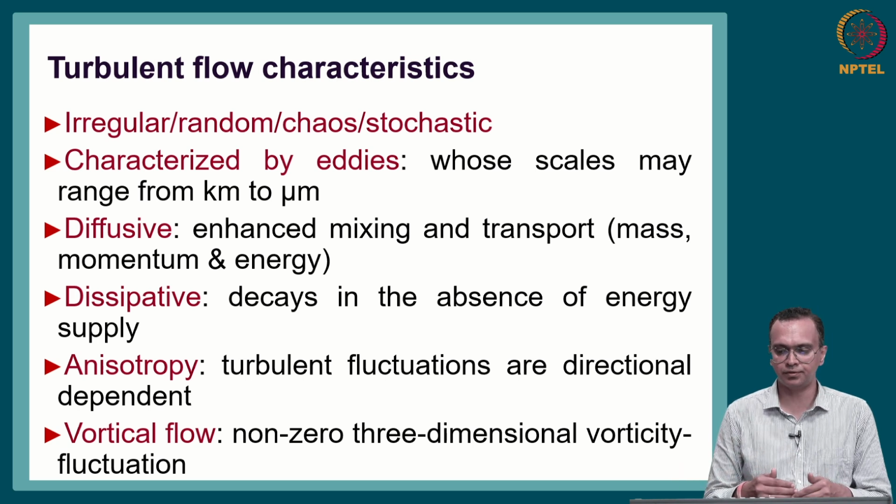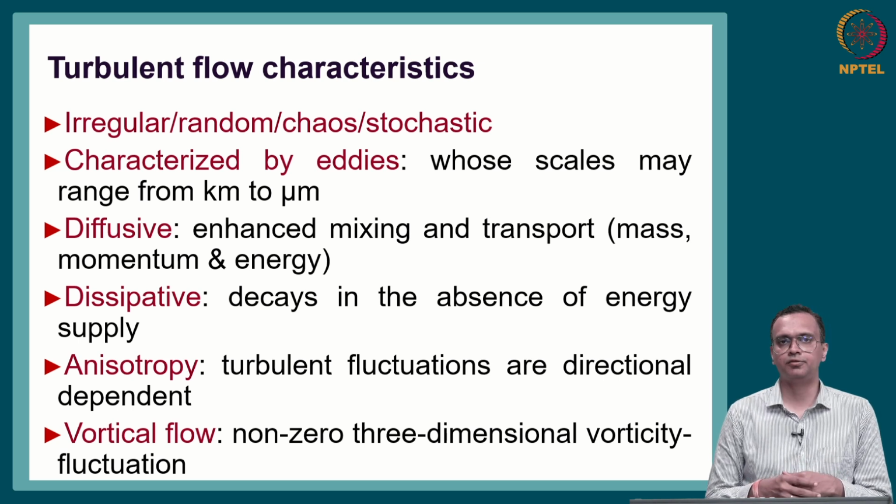So in the absence of energy supply, turbulence decays. That means it is dissipative. You need to keep supplying energy to the flow system to maintain a certain momentum or any other feature that you want to look at. Otherwise turbulence is dissipative. It is taking away a certain momentum from the system.